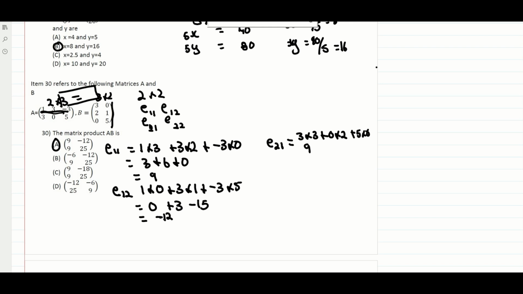So this is 9 plus 0 plus 0, which is 9. Alright? That's this here. Element row 2 by column 2 is 3 by 0 plus 0 by 1 plus 5 by 5. That's 0 plus 0 plus 25, which is equals to 25. Right? So therefore, it is this here, E.